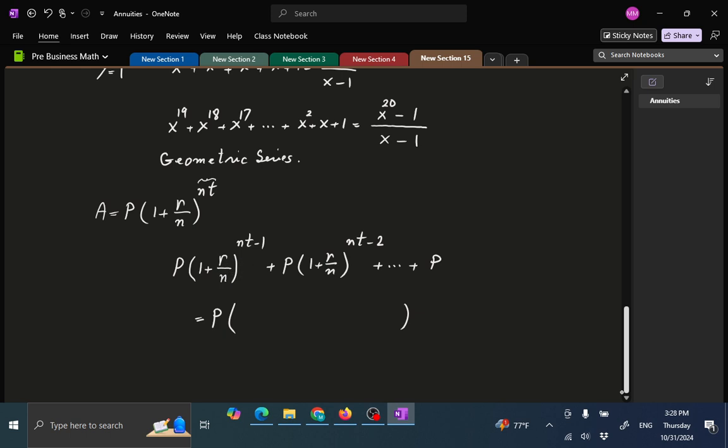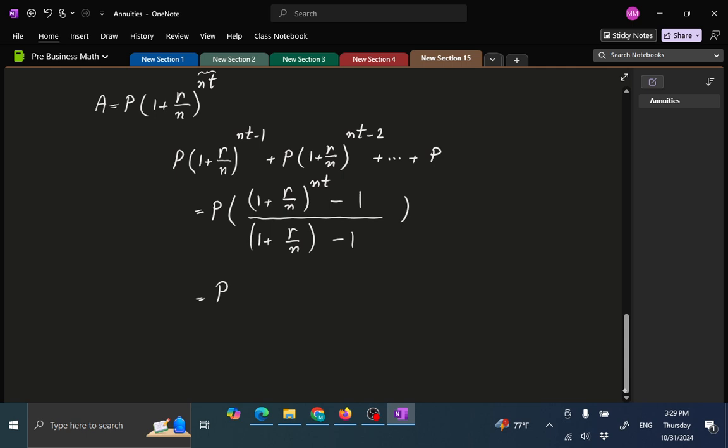and then, just like how we learned here, we have to take our exponent and increase it by 1, so I'll have 1 plus r over n, whatever the exponent here is, increased by 1, nt. Then I have to subtract the 1 from it, divided by what the x that's showing up here is, just the 1 plus r over n. That is the x in our problem. And then I have to subtract the 1 from it, minus 1.